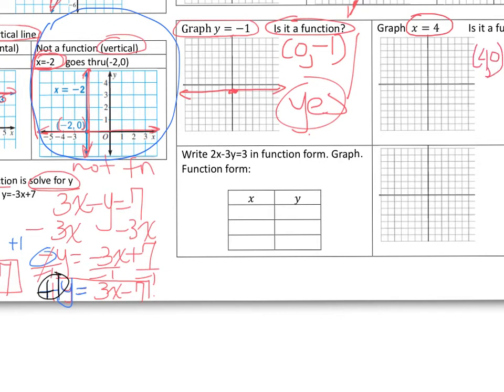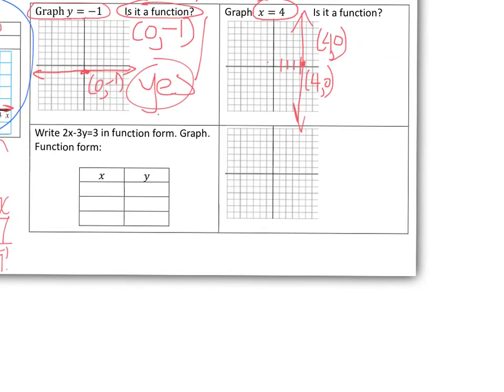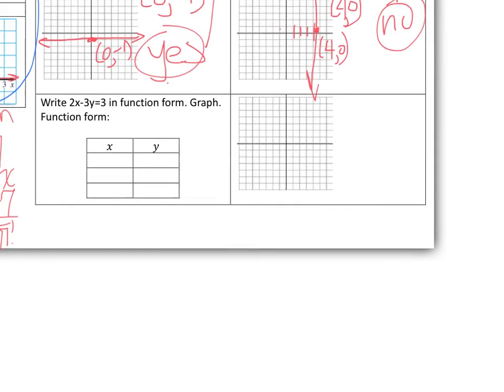So 1, 2, 3, 4. 4, 0. Let me go back here. This is 0, -1. This point. I'm going to have to draw a vertical line through the point 4, 0. Is it a function? No, because the line is vertical. No.